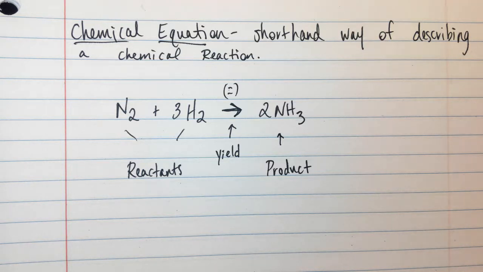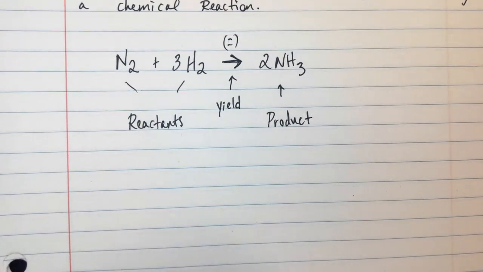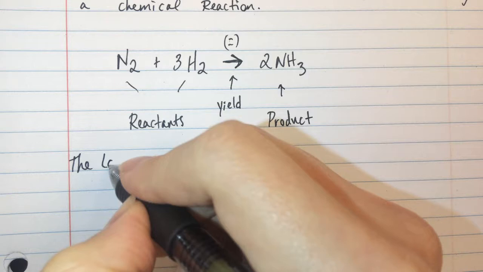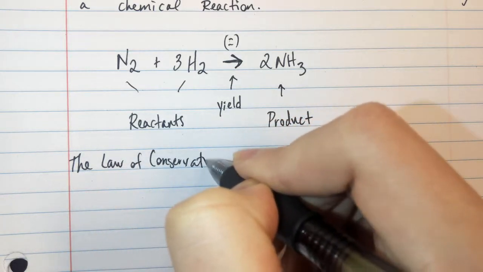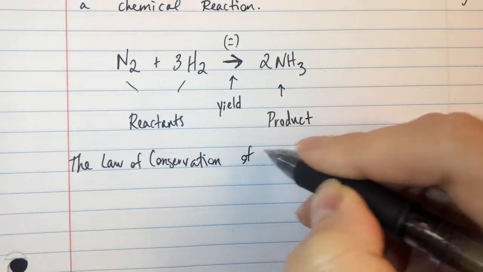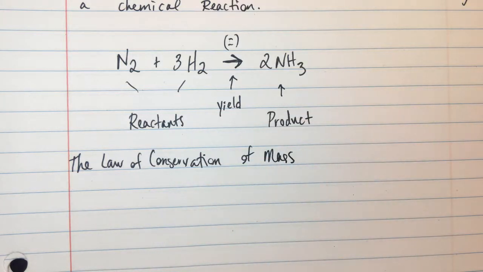Okay, so this follows a law. It's a law because it doesn't matter how many times we test it, we're going to always get the same result. That law is called the law of conservation of mass. Have y'all heard of that before? You have not.